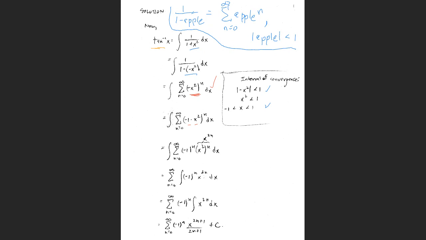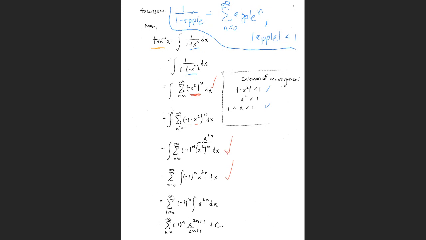And I'm going to end up with the infinite sum of a bunch of integrals. My terms are integrals. No, wait, hold on, I'm not there yet. So the integral of a sum is the sum of the integrals, right?